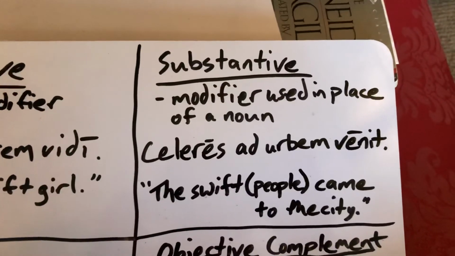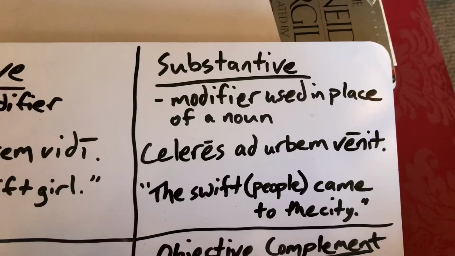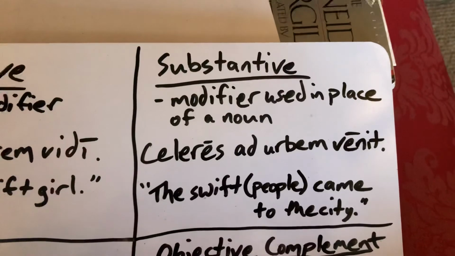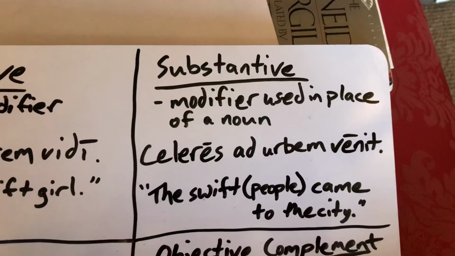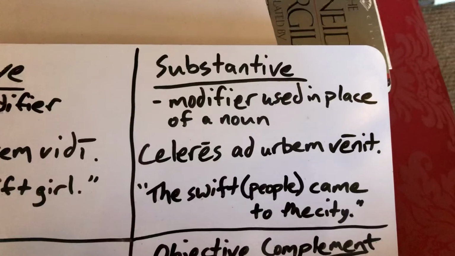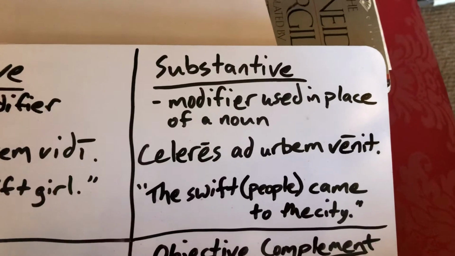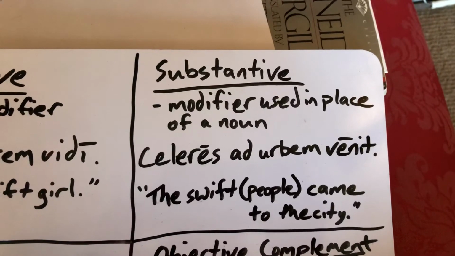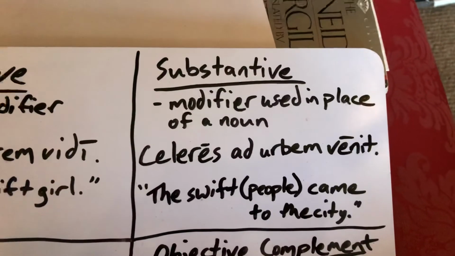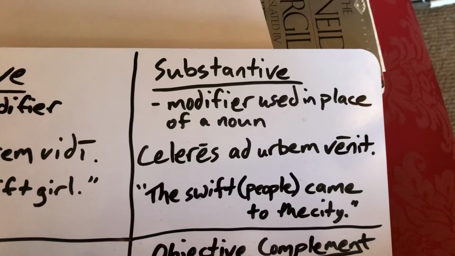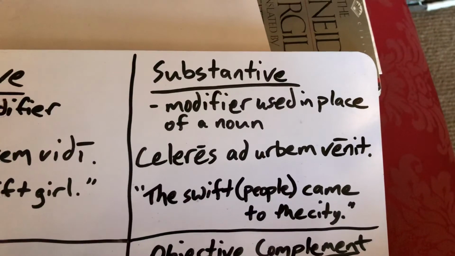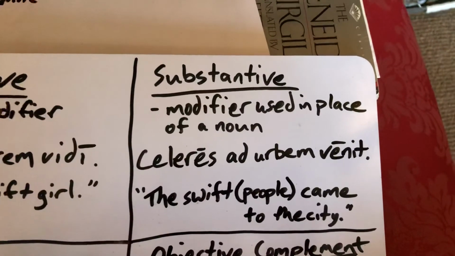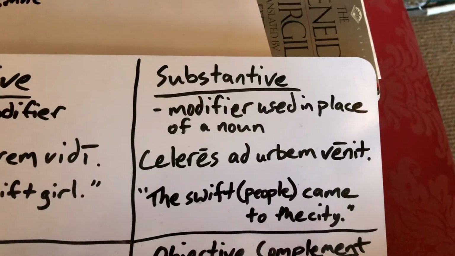Sometimes in English you have to supply one, like here, it sounds better to say the swift people came to the city. But there are also other times where you don't necessarily have to supply a noun. But you'll notice there is no Latin noun in the sentence that swift is modifying. Celeres is either masculine or feminine, so it's referring to a person, most likely. If it were neuter, then you could understand the word thing or things.